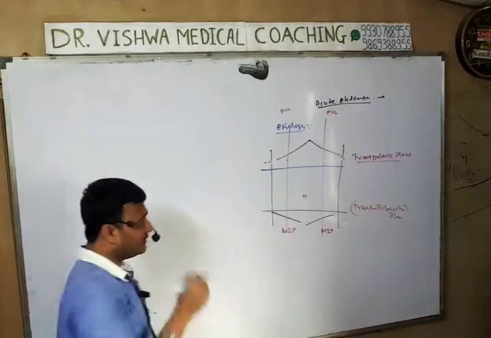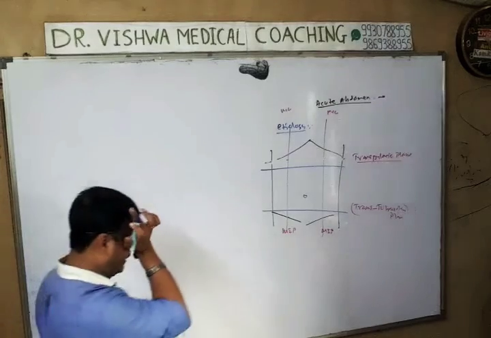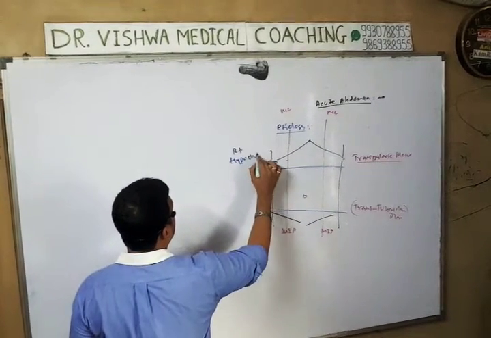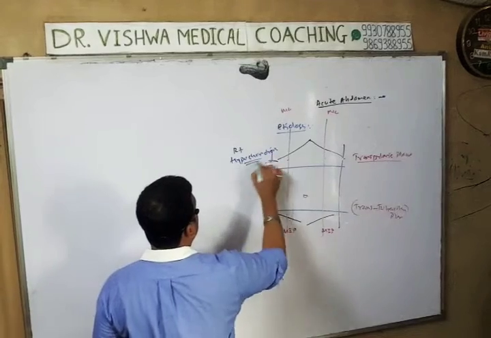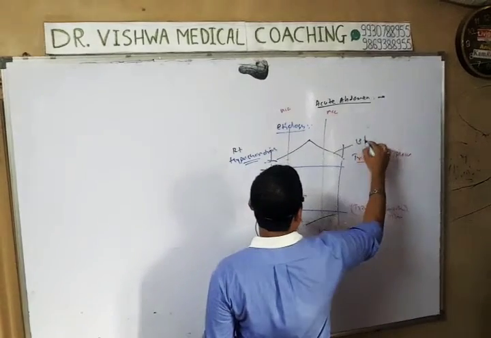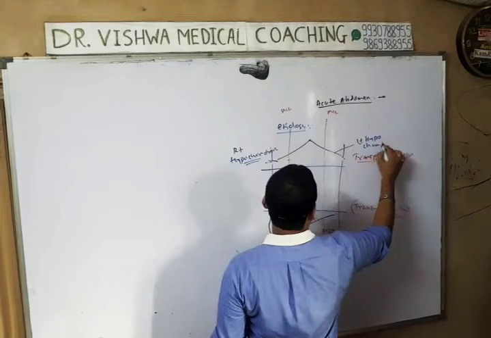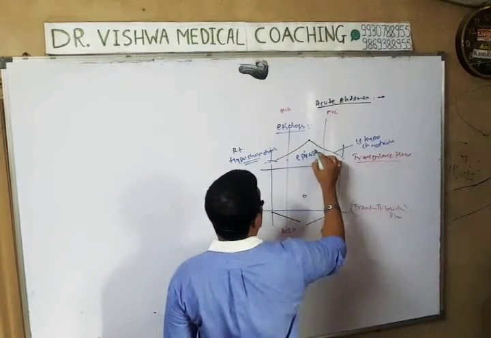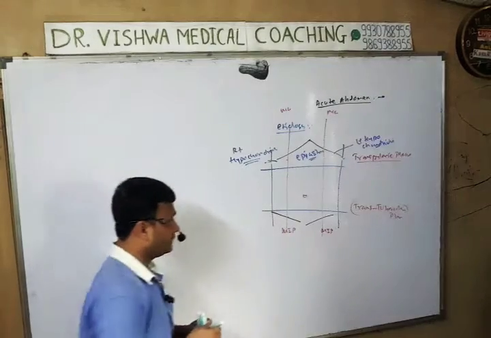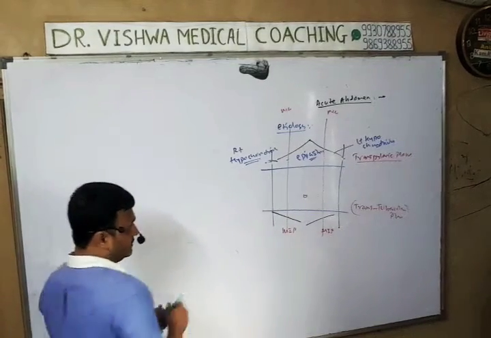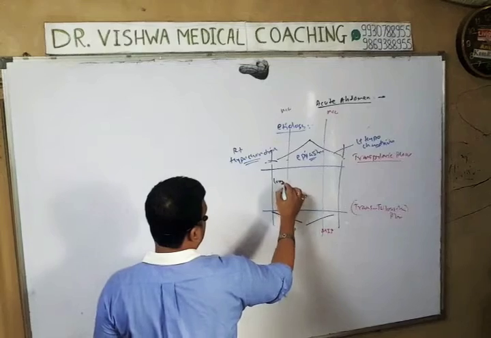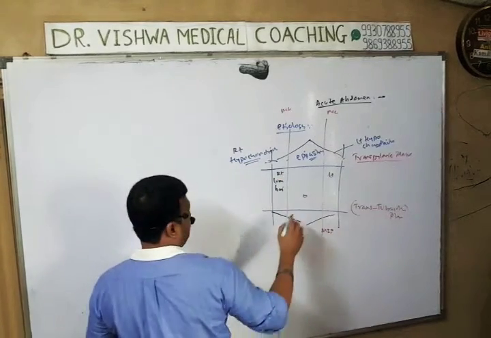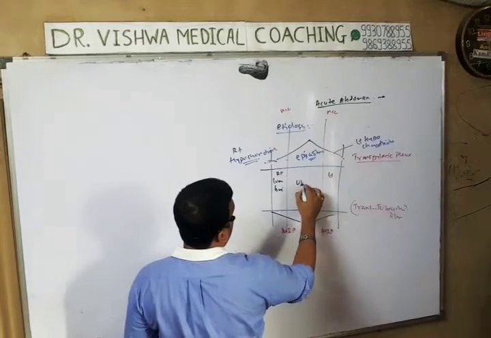So these 9 regions have got names. This is called the right hypochondrium. We have left hypochondrium. Epigastric. This is lumbar, right lumbar and the left lumbar. This is umbilical.